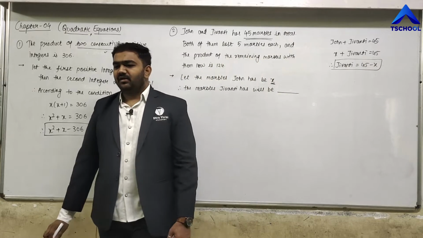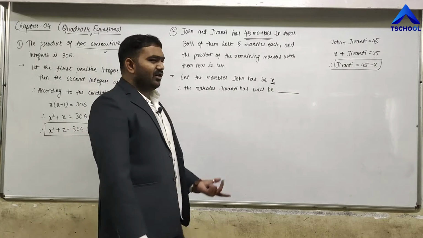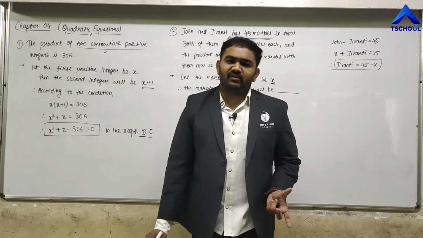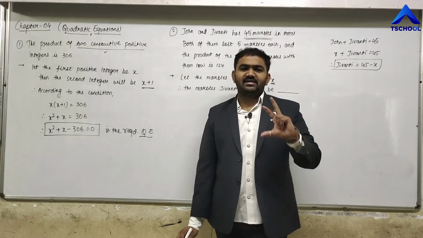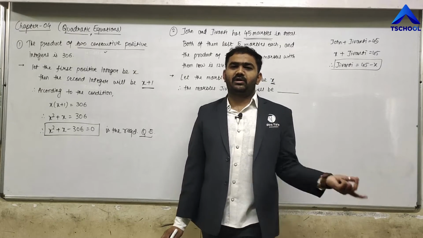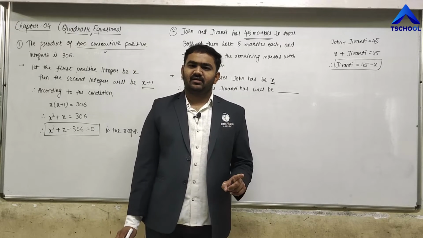Whenever you are given a total, a sum, addition, anything like that, you will always assume the first one as x, so that the second one will always be total minus x. Note that this will always be the case, right?